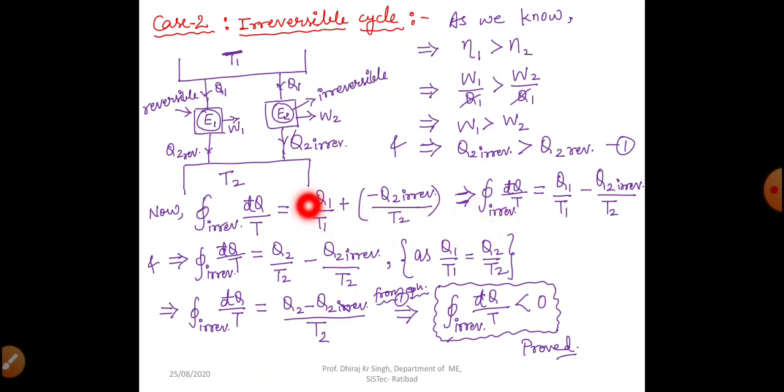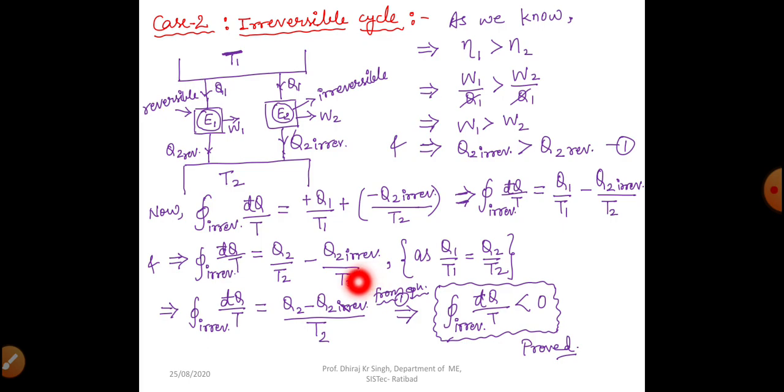As we know, Q1 by T1 is Q2 by T2. By the absolute thermodynamic temperature scale, we can write Q1 by T1 equal to Q2 by T2. So here we have written Q2 by T2 minus Q2 irreversible by T2, and T2 is common in the denominator, so we can take it common. So what we have written is Q2 minus Q2 irreversible.